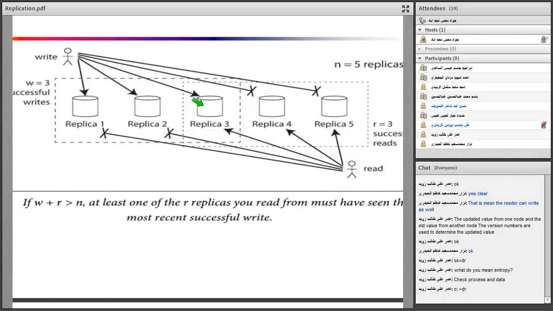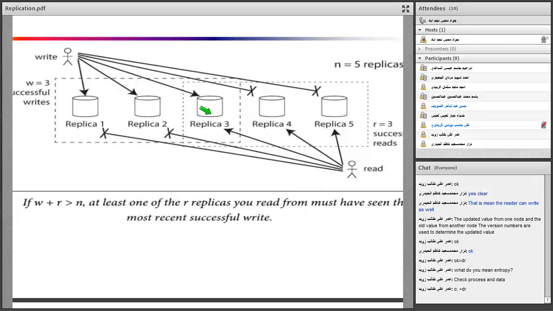Again, we can check the quorum. We can see 3 of 5 replicas answer this request to the reader. That's enough, because 3 of 5 replicas answer this request. So the successful reads is 3.